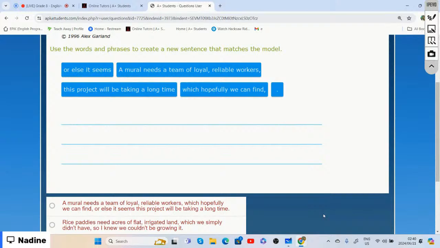All right, then if we were to choose the correct one, we will say a mural needs a team of loyal, reliable workers, which hopefully we can find, or else it seems this project will be taking a long time, period.